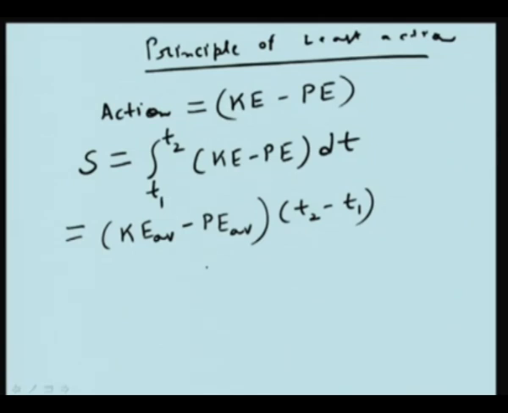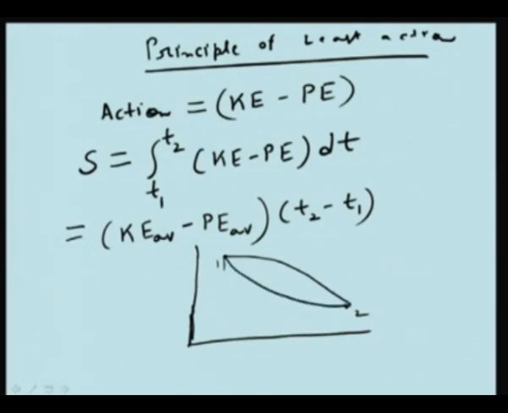Therefore, if a particle is moving from here to here, there can be various paths. But out of all paths, the particle will follow that path which provides the minimum action.